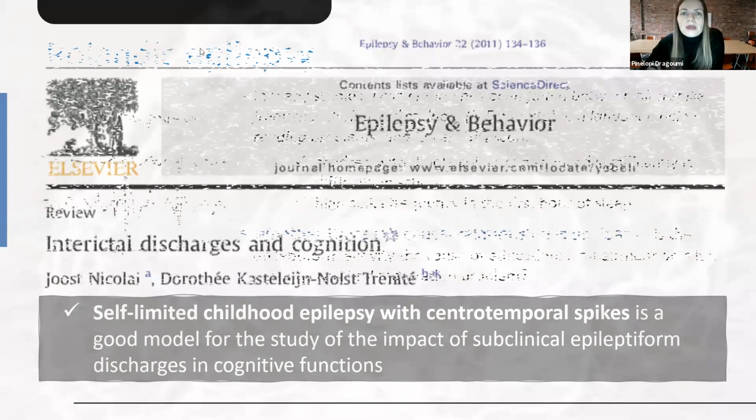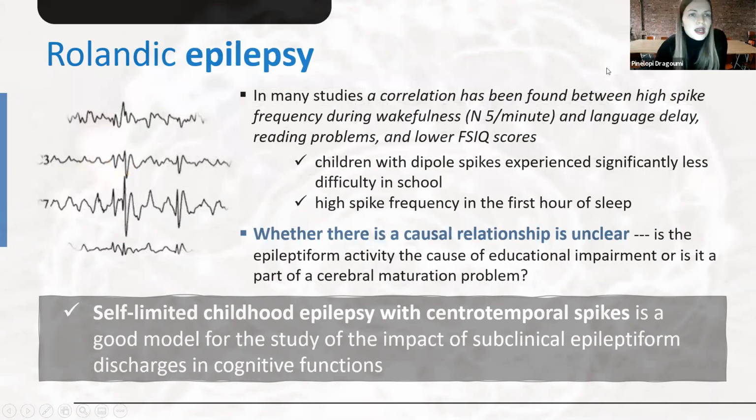There have been many studies that have shown that there is a correlation between a high spike frequency during wakefulness and a high spike frequency in the first hour of sleep, and some academic problems, language delay, reading problems, lower scores in children.